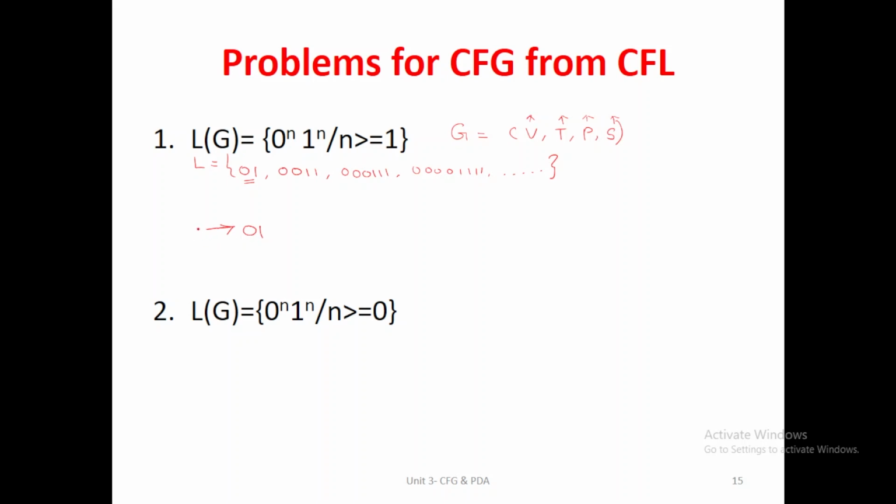Here I am taking my starting symbol non-terminal as capital A. Any alphabet letter from A to Z can be taken as a non-terminal symbol.